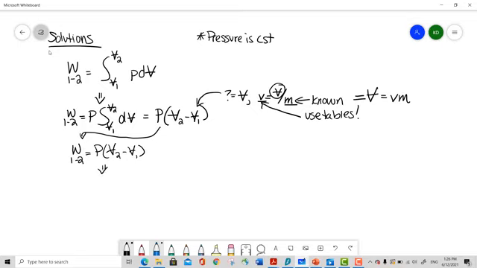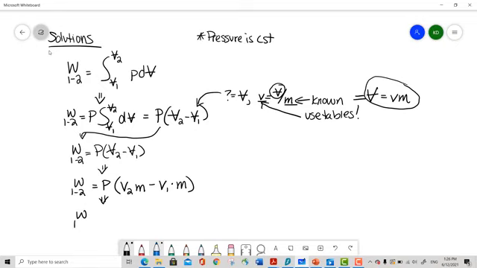So we've got this formula right here because we can get these two. We're just going to plug them in here. So V2 times mass, which is constant, minus V1 times the mass. And then again, to simplify all of this, we can pull out the m's and put them in front.